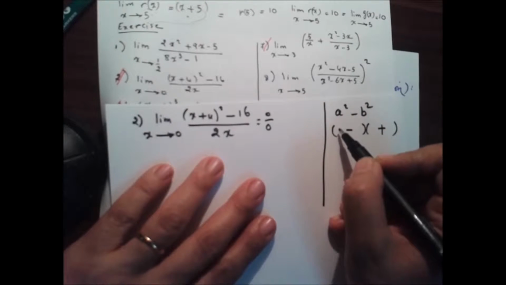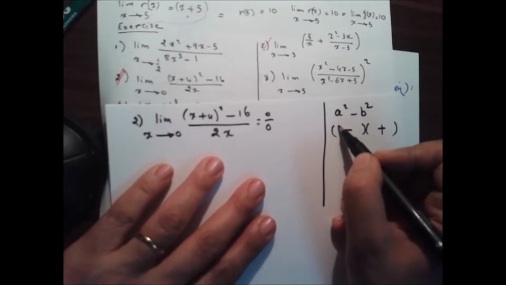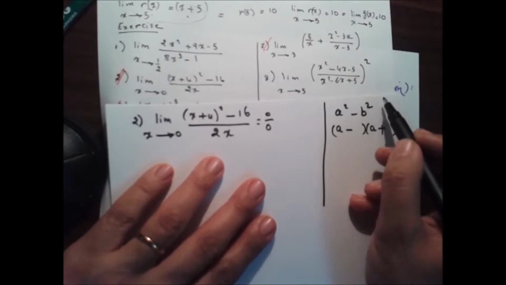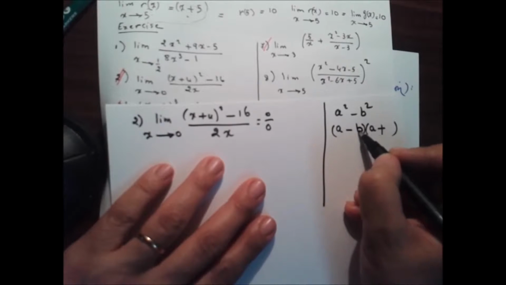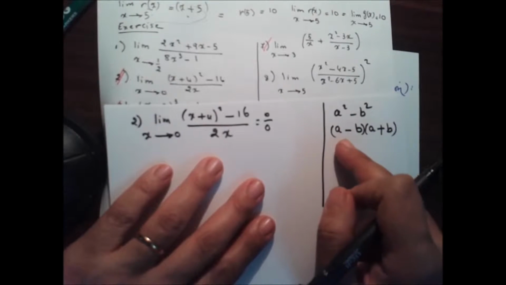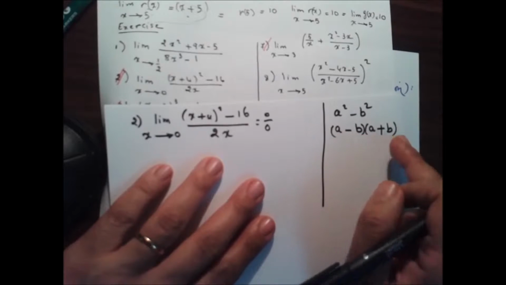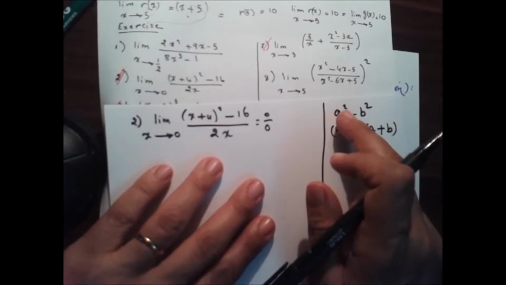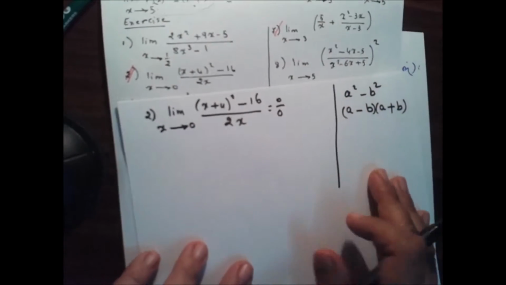Take the square root of the first, square root of a squared to be a, and the square root of the second, square root of b squared to be b. So this is how we do the difference of two squares. We change it into the product of the difference and sum of the square root of each term.